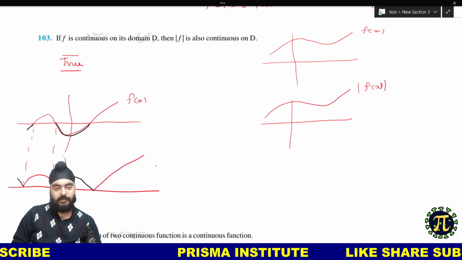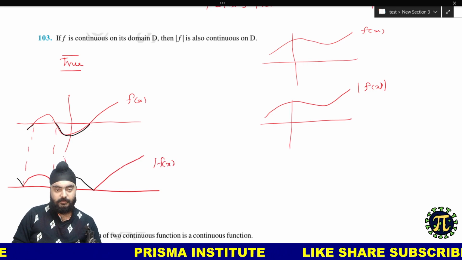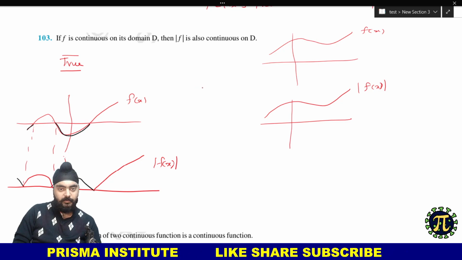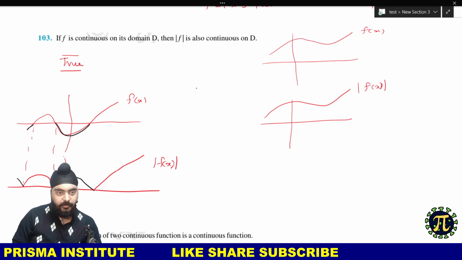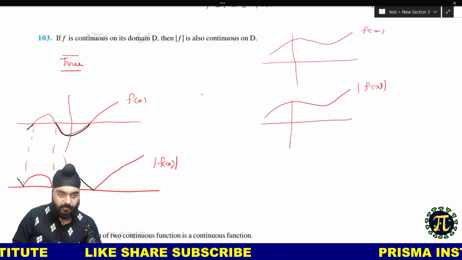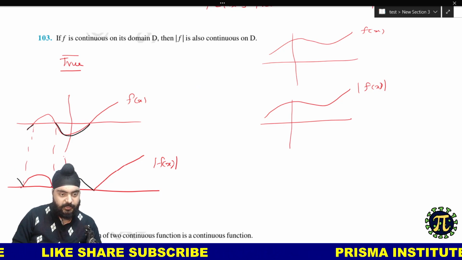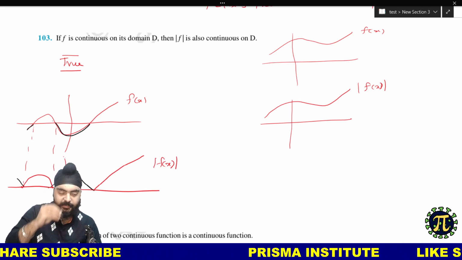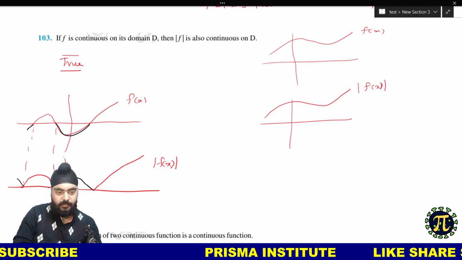So this function, mod of fx is continuous, right? If fx is continuous for all values in its domain, then mod of fx is continuous for all the values in its domain. But the only thing is it will not be differentiable whenever it is crossing, not touching, whenever it is crossing the axis.